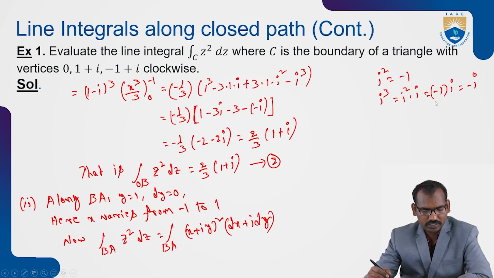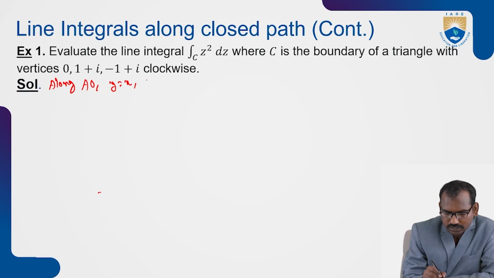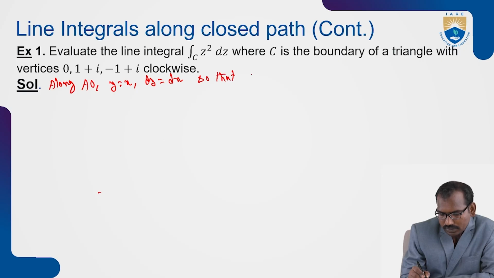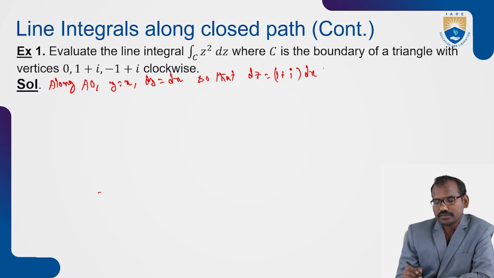This path we can represent as y is equal to x. So the derivative of y will be dx only. Okay, so that dz will be (1 plus i) times dx.